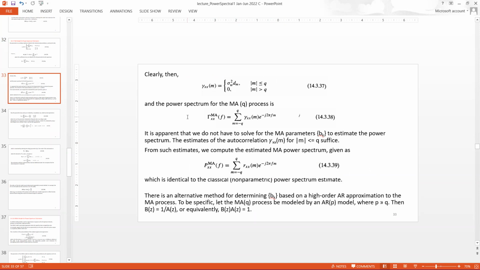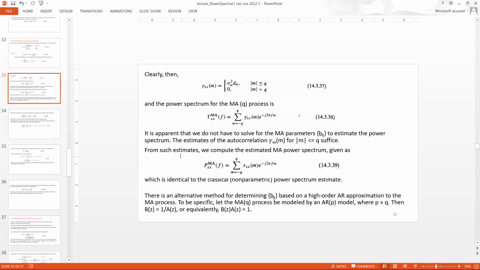And the power spectrum of the MAQ process is this one. So this is the power spectrum. And we know this one from equation number 38 gives us the power spectrum of the MA process.